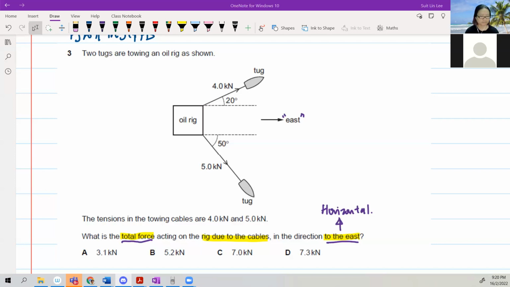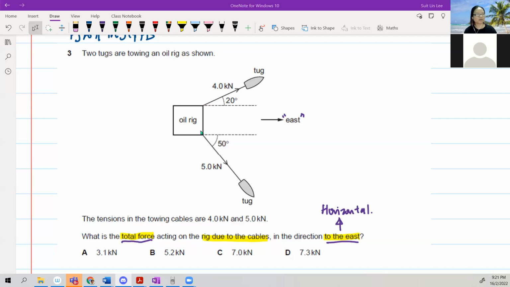Let me know in the chat. No harm asking. Or do you need more time? Think of the horizontal. What value will you assign to it? And what would you do after you have split them into horizontal and vertical components?